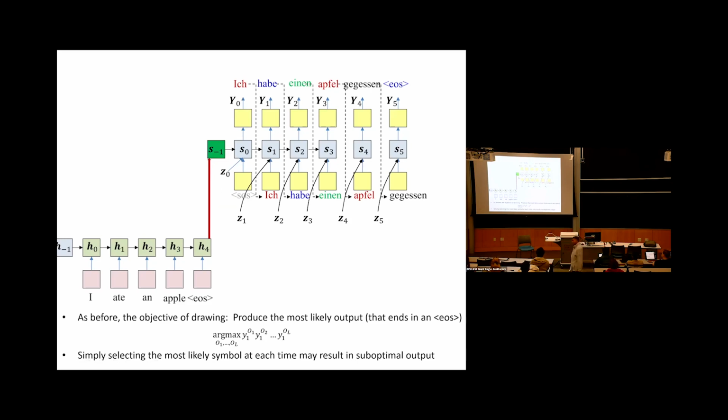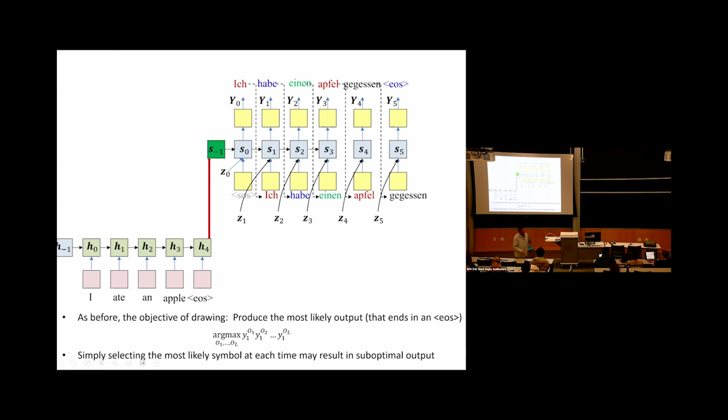Now, except that things get a little more complicated. The way we did it in the last class, once you just perform the encoding, we got the final hidden representation, and you didn't go back to the encoder at each decoder step, right? But now, because at each decoder step you have to go back and derive a context vector from the encoder side, the beam search becomes a little more complicated.